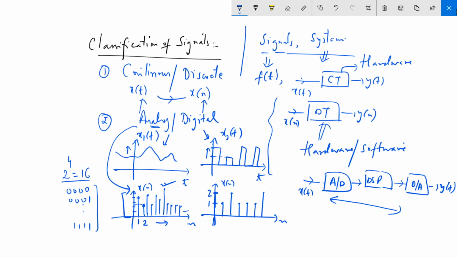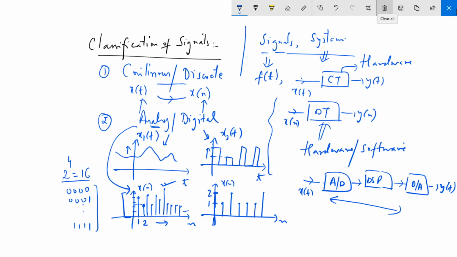Okay, so this is another important classification of signals based on the amplitude values, whether it is analog or digital. Many times students get confused that continuous time signal is analog signal or discrete signal is a digital signal. But it is not the case. The time classification is based on the time axis, and this classification is based on the amplitude axis. So you have to keep that in mind.